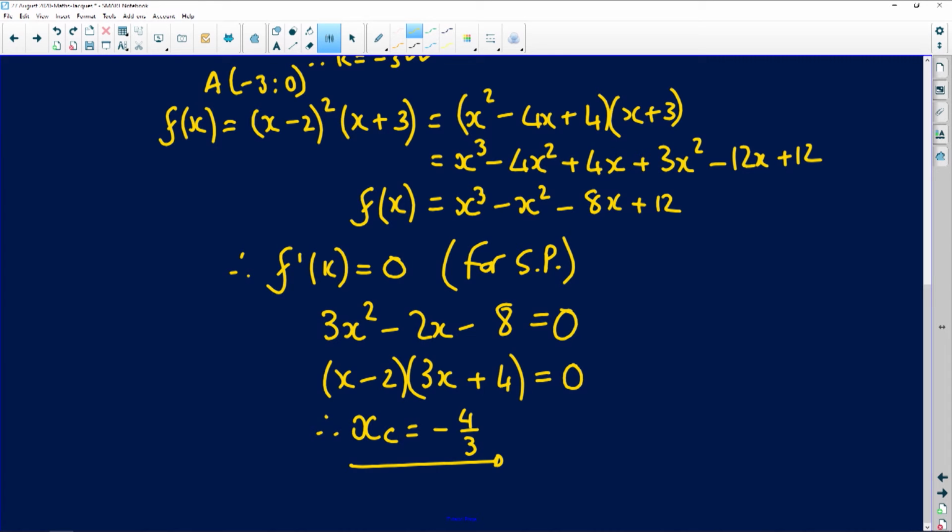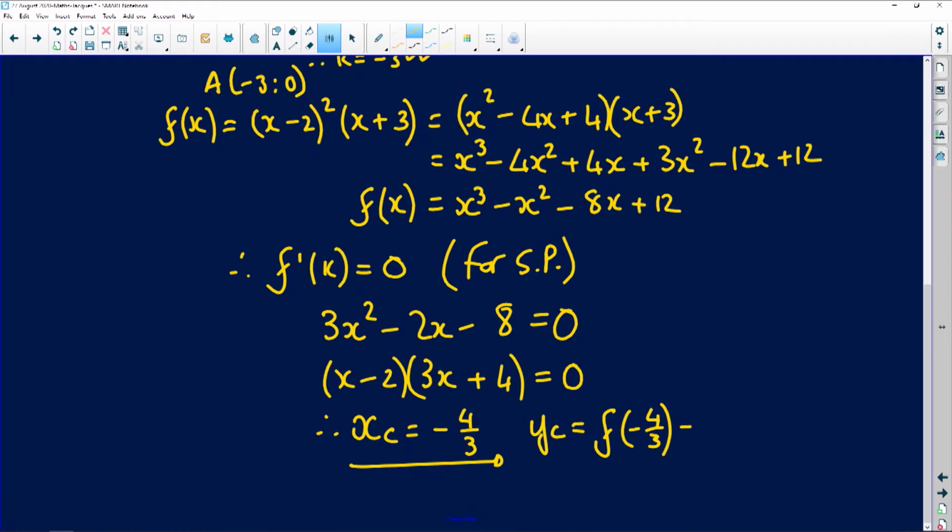Now, folks, we all have calculators. To find the y coordinate for C, you just go to your function and wherever there's an x, you substitute minus 4 over 3 in there. Work slowly. You're going to get a very weird answer. In fact, your answer is 500 over 27. So just answer their final question.